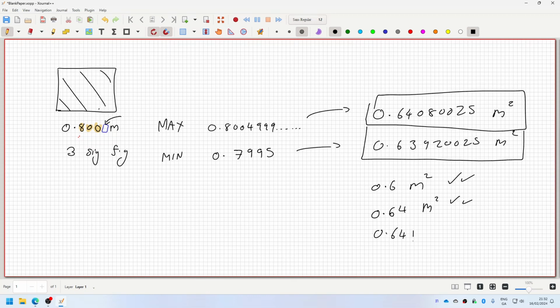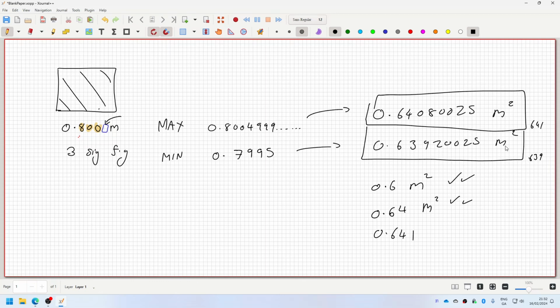If I chose 1, then the top one would be consistent. This to three significant figures would be right. But this to three significant figures isn't right. This to three significant figures is 0.639, and this is 0.641.